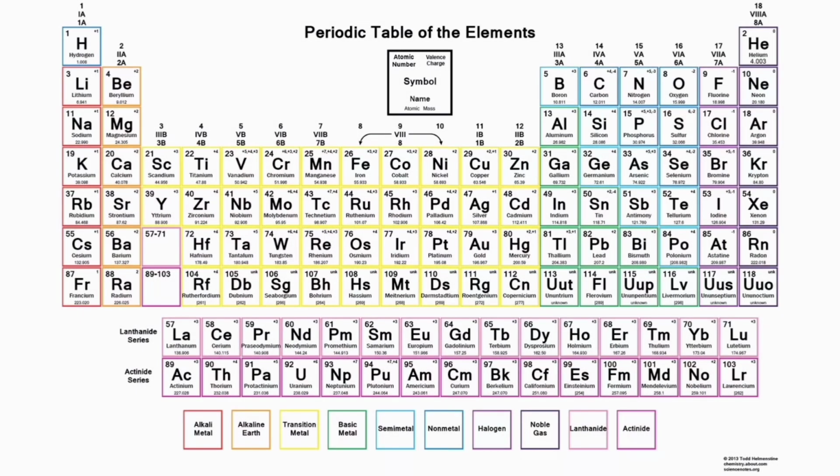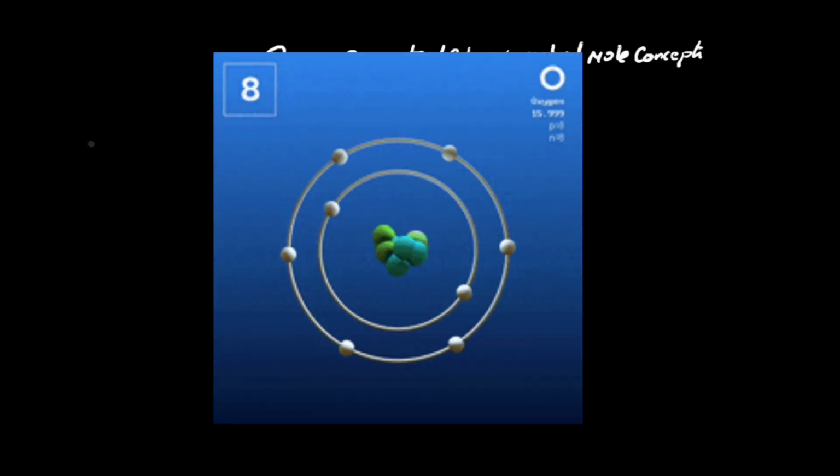So last class I told you about the entire periodic table. We learned the whole periodic table. We learned about the groups, the vertical columns are called the groups, and the horizontal rows are called the periods. Then we learned about the different elements. We learned that in the middle of the atom is the nucleus, and whatever is present in the nucleus is called the nucleons.